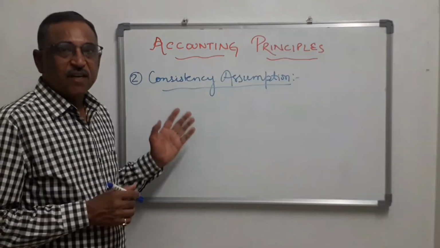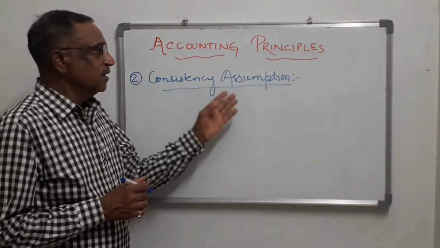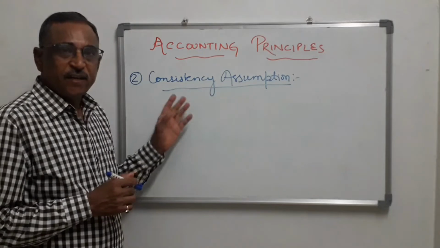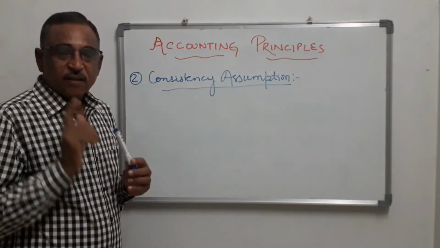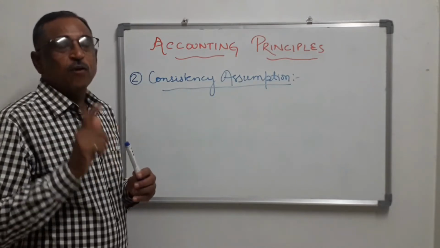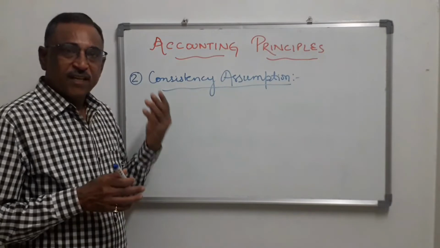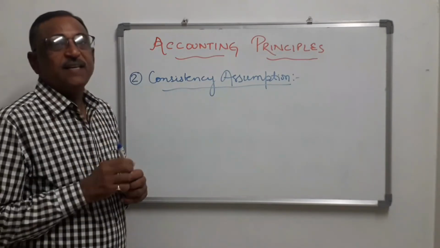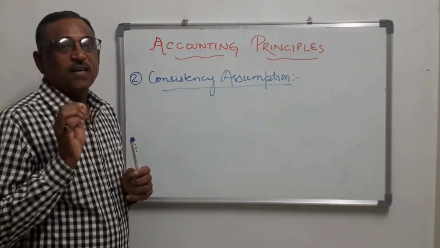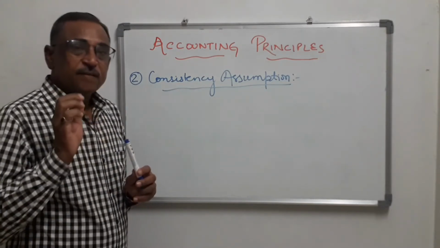Having understood going concern assumption, now we move on to consistency assumption. According to this assumption, the business entity should go on with the same policies and procedures which it has been following over the years. But it doesn't mean that they cannot change the policies of recording.